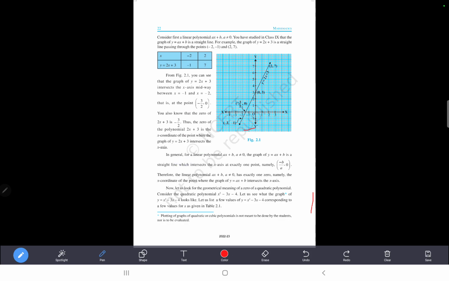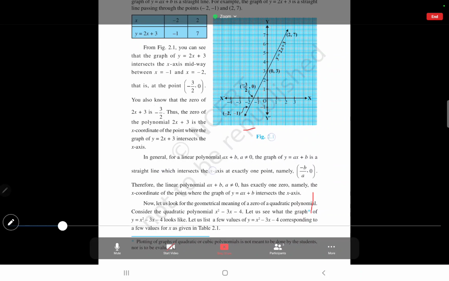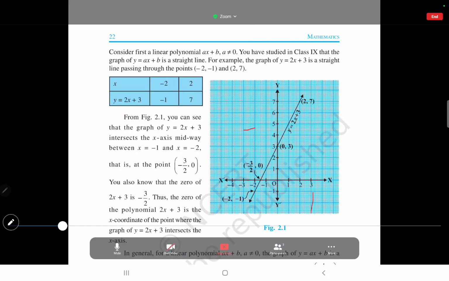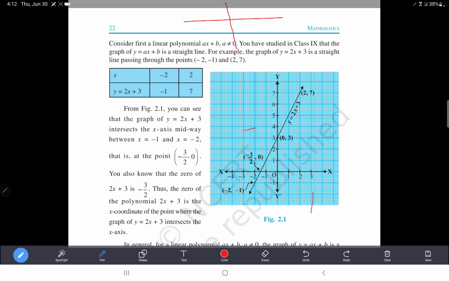Now we need to learn how we can represent a polynomial on a graph, or as a geometry. So I think that you are all aware of geometric representation.